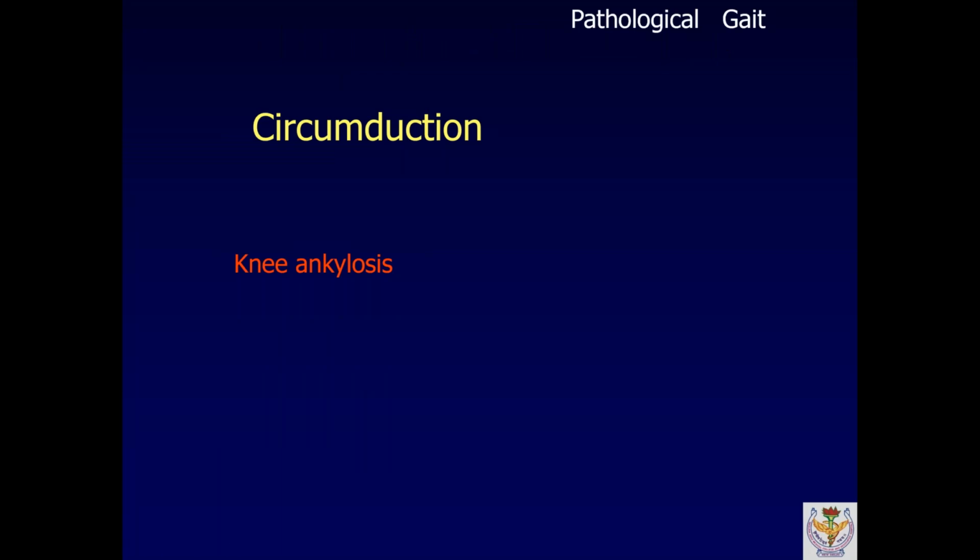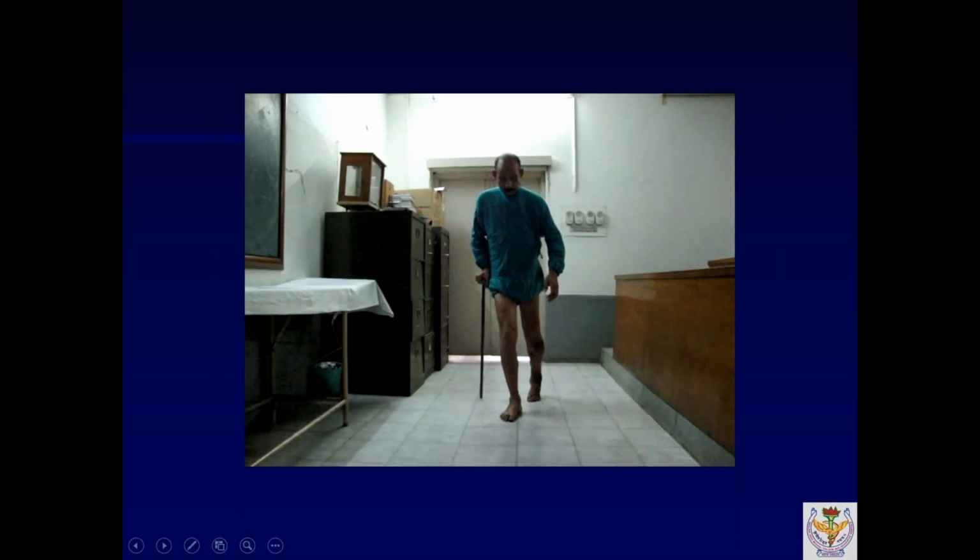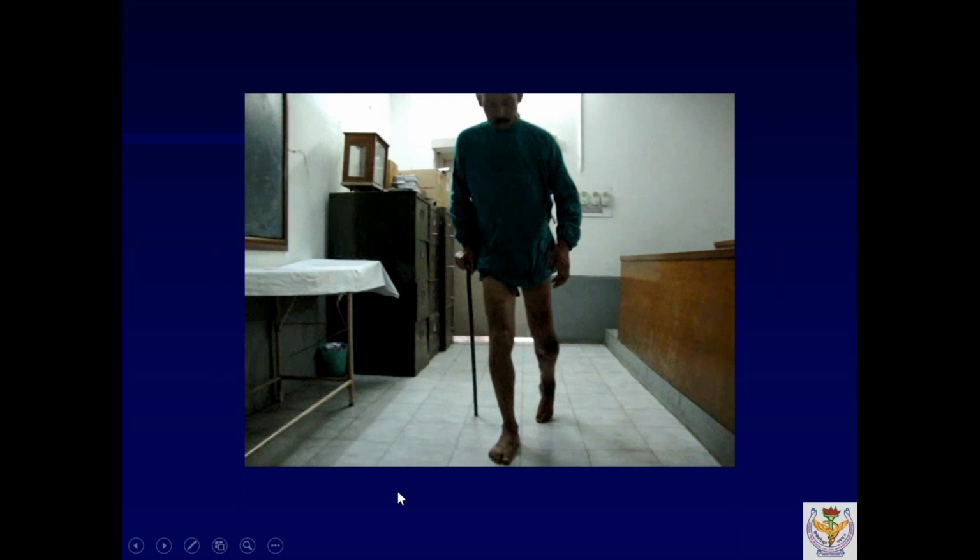Then circumduction gait can take place due to various causes. Here is one example, that this patient's knee joint is ankylosed. So the knee cannot flex during the swing phase, like the foot drop. During the swing phase, the knee needs to get flexed for the ground clearance. It cannot do, so the limb becomes longer. So he is circumducting, right?